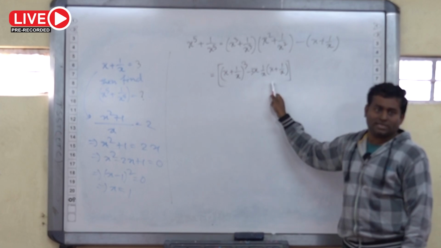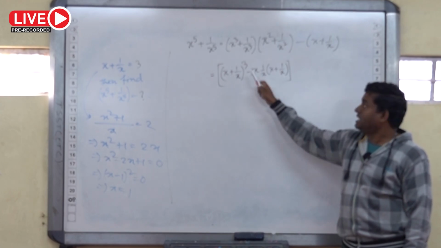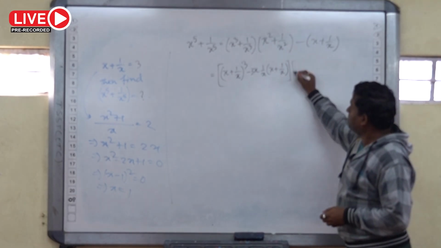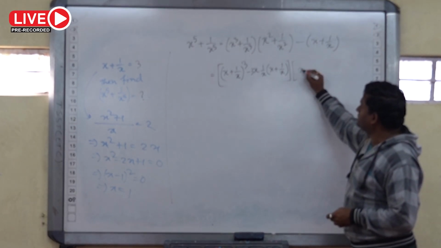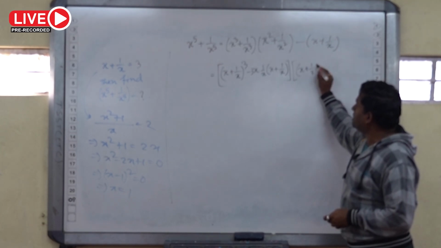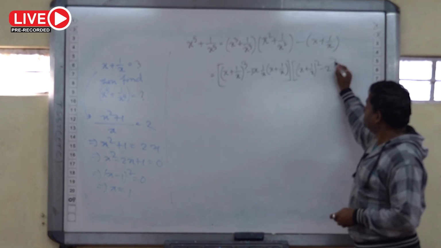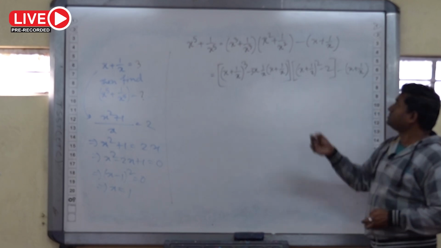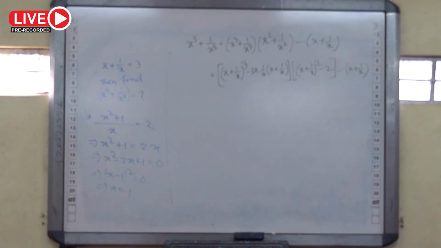So I use that format. a is x, b is 1 by x. Then multiply with this x square plus 1 by x square, means x plus 1 by x whole square minus 2, minus x plus 1 by x. So just substitute the value of x plus 1 by x and solve.